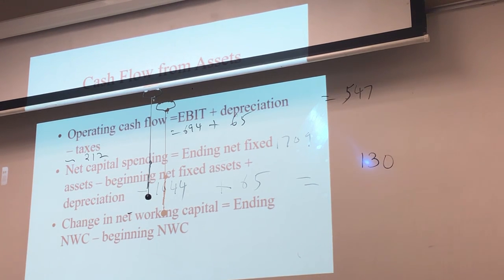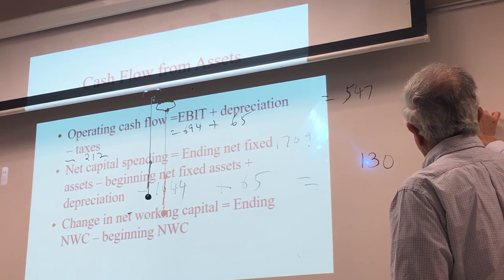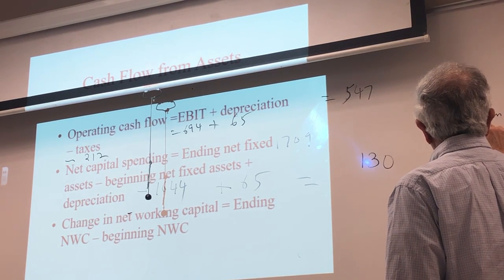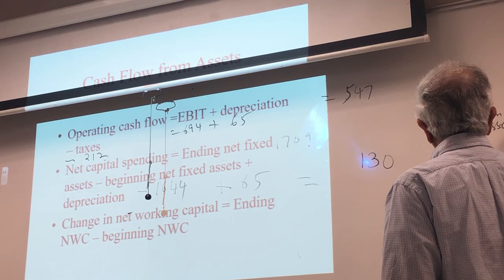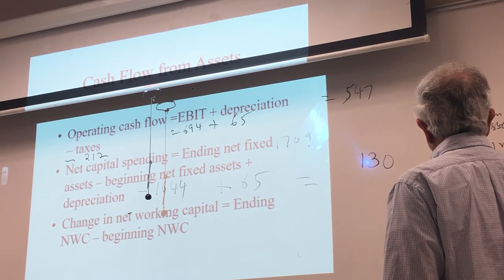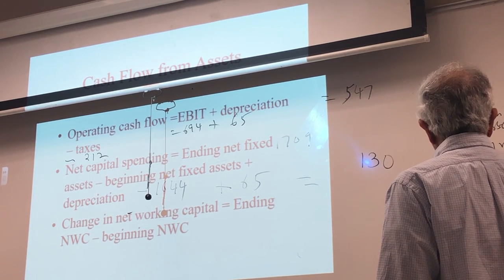So I would encourage you to build a small table like this, 2002, 2003, because you will need to make some calculations. So your current assets minus current liabilities gives you net working capital.